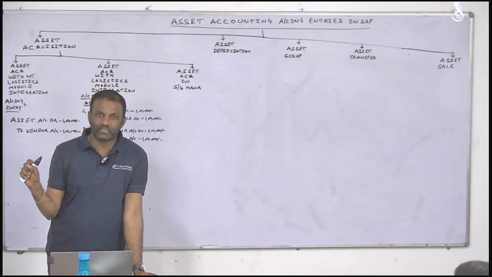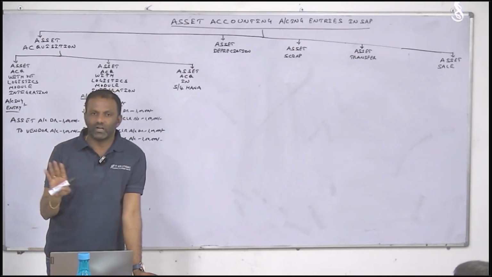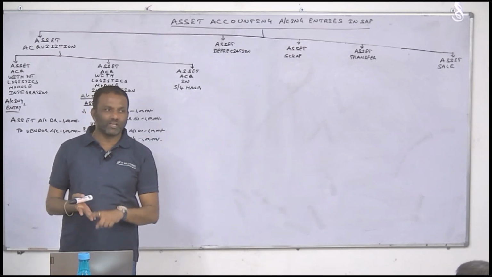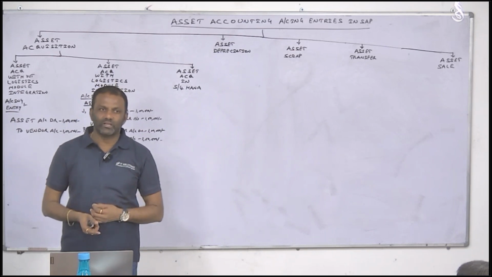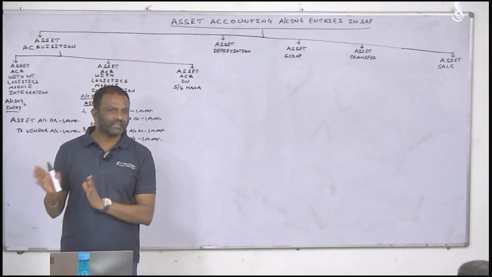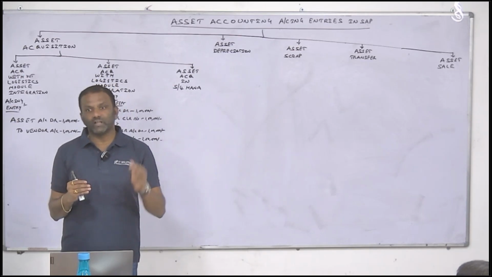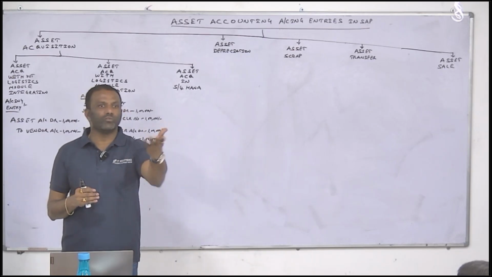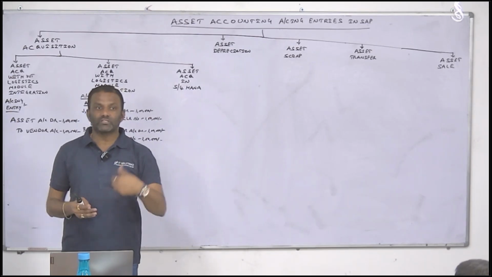Accounting entries we have been following for the last 100 years: P&L statement, balance sheet, liability, asset, income, expenditure. Who is SAP to change all these things? SAP will not change any accounting entries, but they may change their application structure to give the best output to the business.